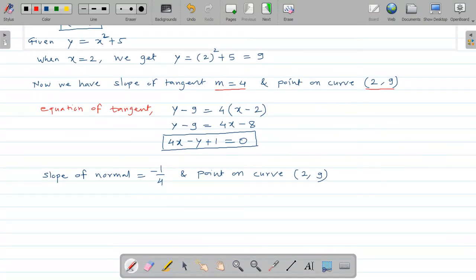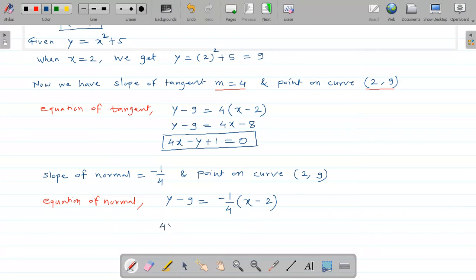Now again by using slope point form, you will get the equation of the normal. So see here, the equation of the normal is y minus 9 is equal to minus 1 by 4 into x minus 2. Now multiply both sides by 4.